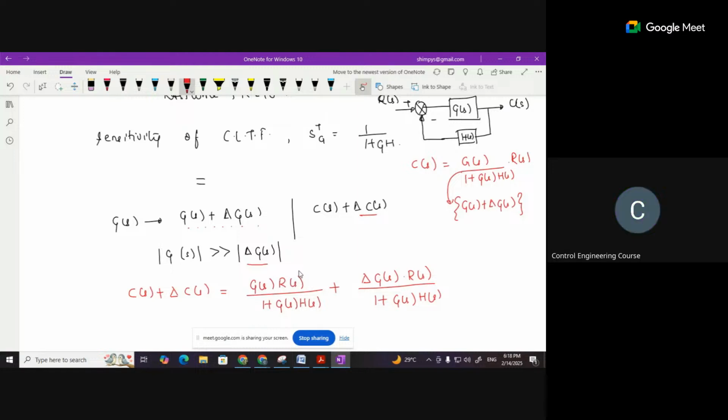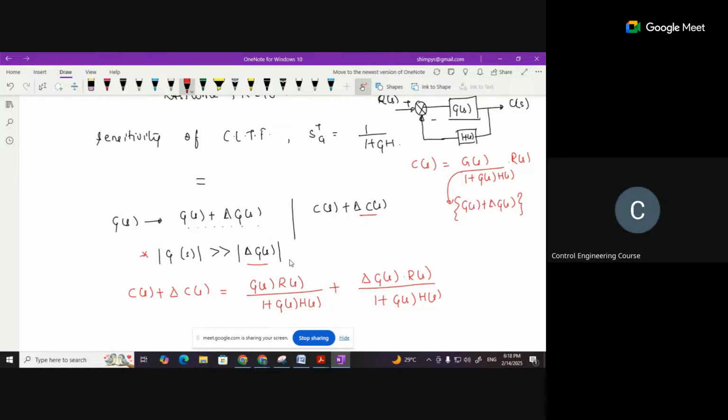We will ignore the small change in del GS in the denominator. That's why we have taken this assumption, to simplify, because it is very small. So our equation is taking this form.